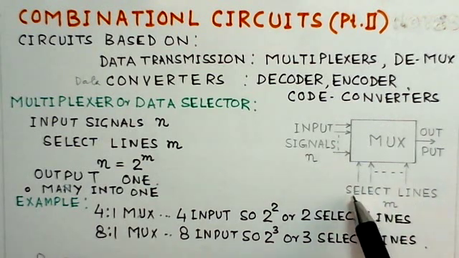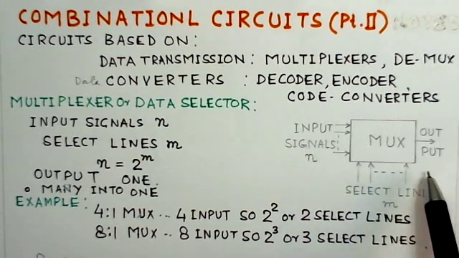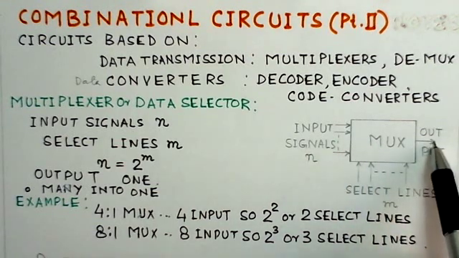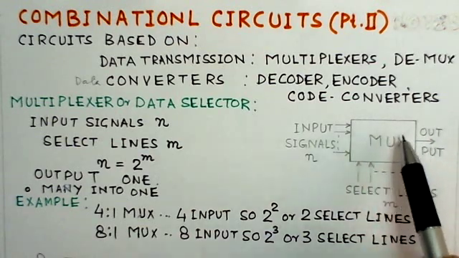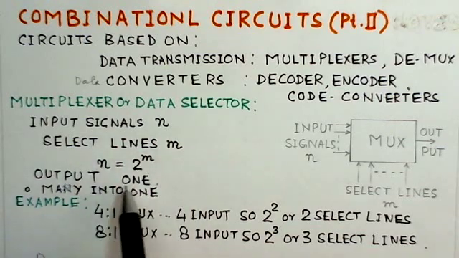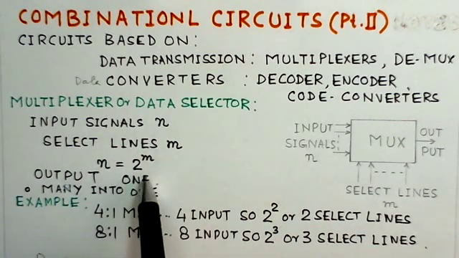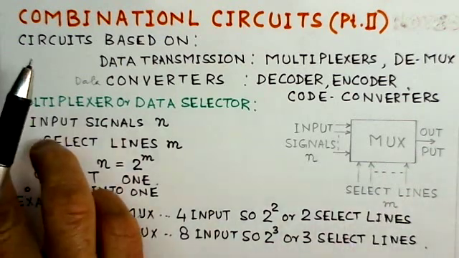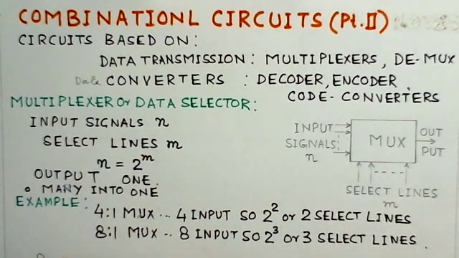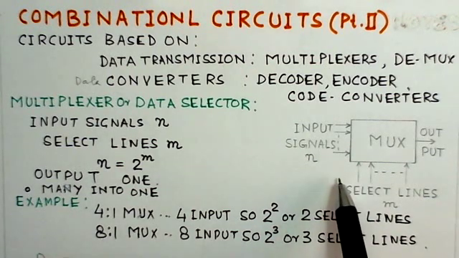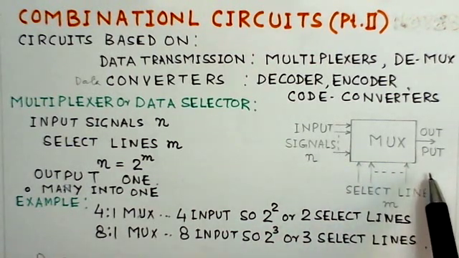There are m select lines which can select the inputs to the output, and there is one output line. So this is a block diagram. Input signals n, select lines m, and n equals 2 to the power m, and there is only one output. This circuit is also sometimes called many into one, because there are many inputs and there is only one output.